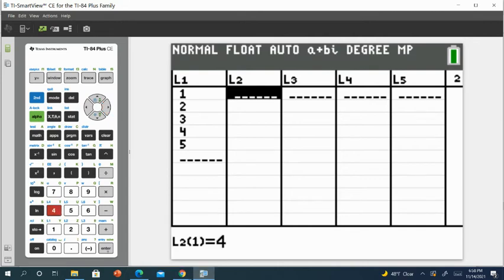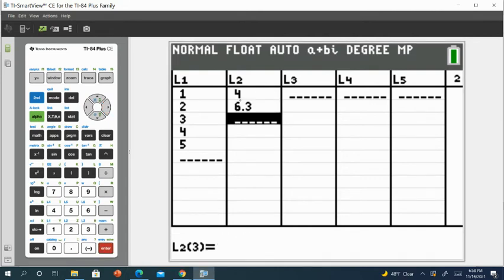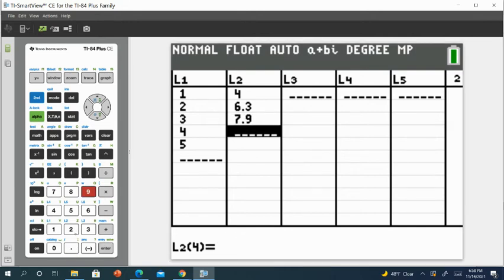So then I got 4, 6.3. So in year 1, it was 4 feet tall. That was the year it was planted. In year 2, it's 6.3 feet high. And then in year 3, 7.9, and then 9.2, and 10.3. And what we're trying to figure out is how old will it be before it gets 20 feet?